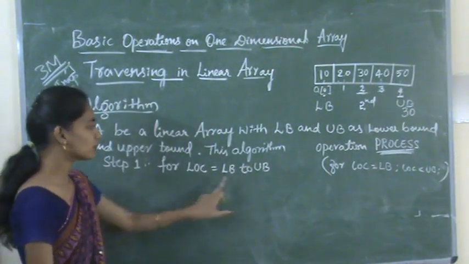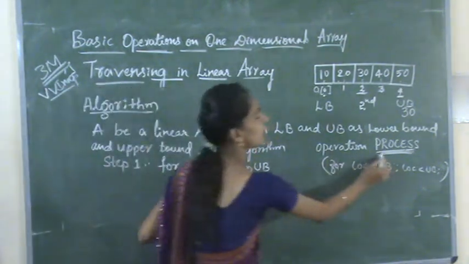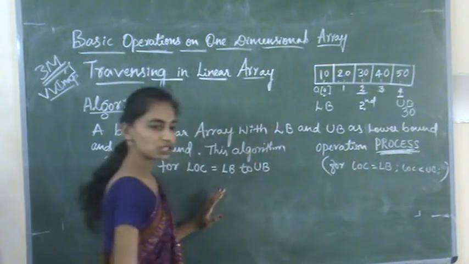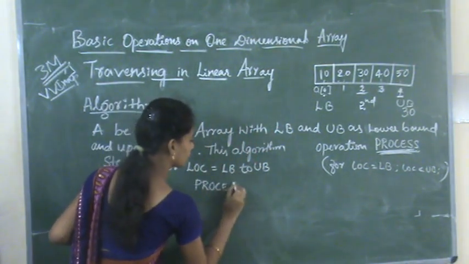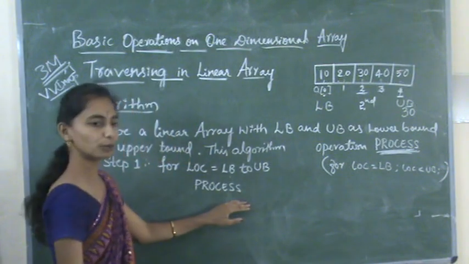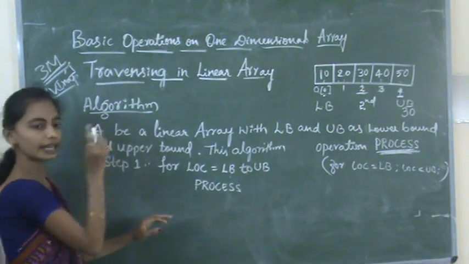After traversing we need to perform some operation. So for that we are using the operation called process. What do we have to process? The array. Which array? We are considering array A, right?